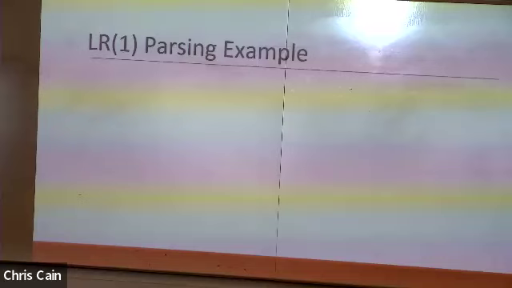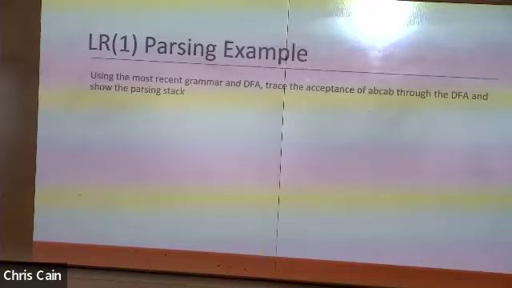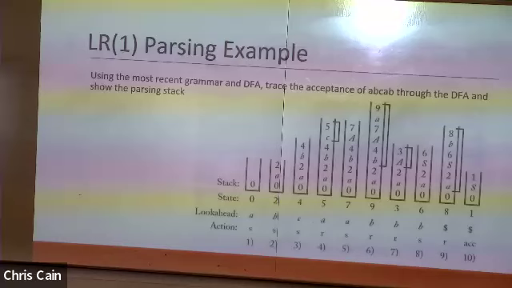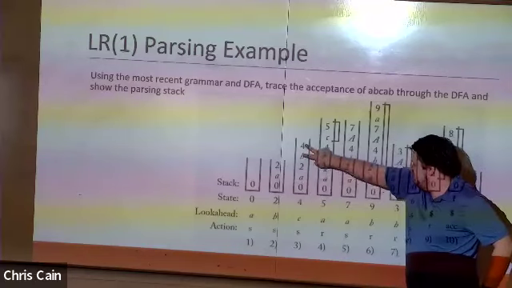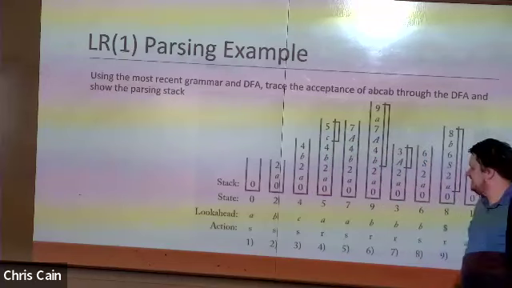Let's see the full example. I like to think of this as a tuple rather than a character followed by a state number. I don't really love that. I would prefer these to be tuples: A2, A2, B4, C5.